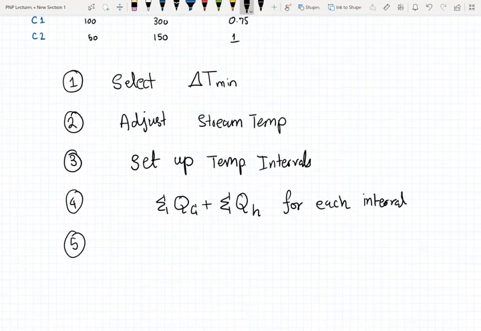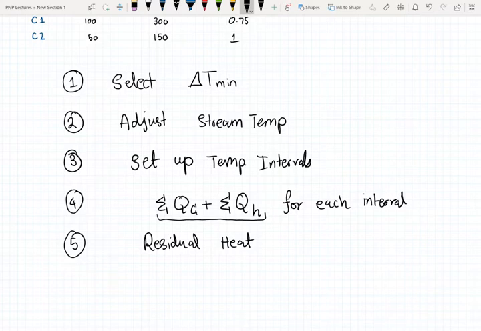Then you'll find the residual heat once you have the total enthalpy change, total heat change in each interval. Residual heat for the network.